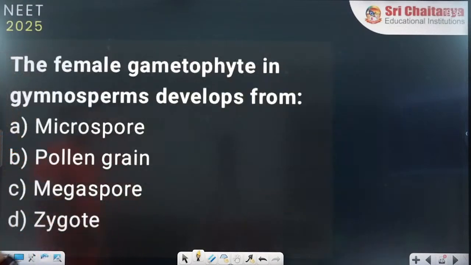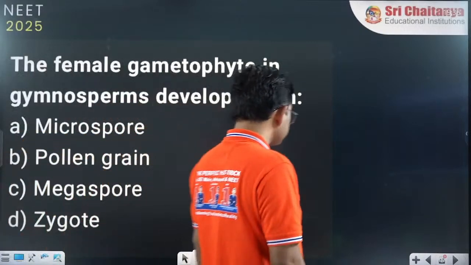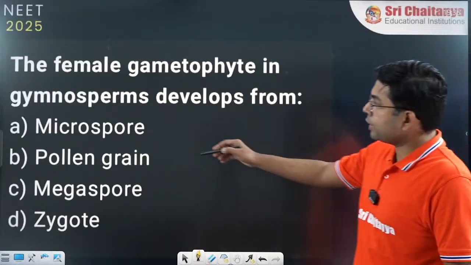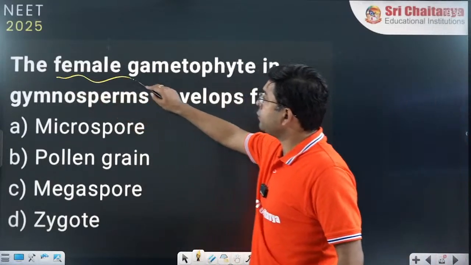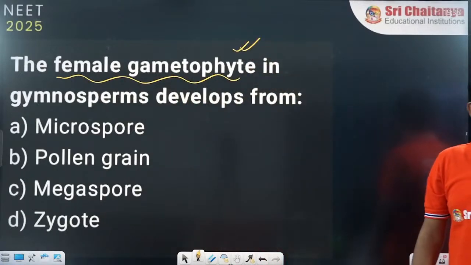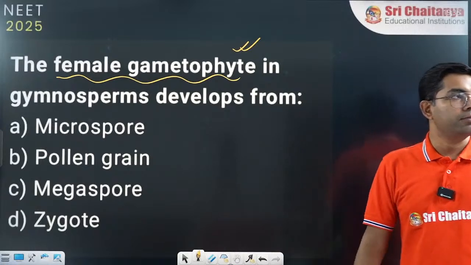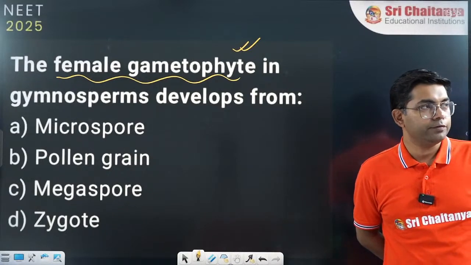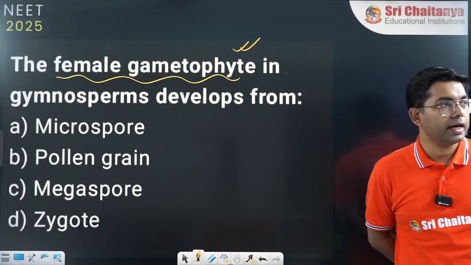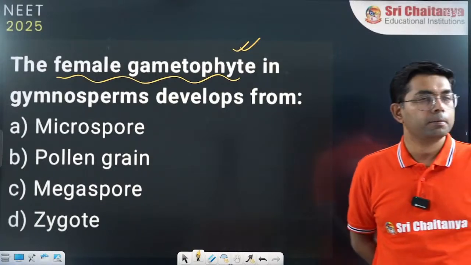Now, next question. Female gametophyte develops from. Here I am not writing female gamete, it is female gametophyte develops from A, B, C, D. Will it be microspore, pollen grain, megaspore or zygote?